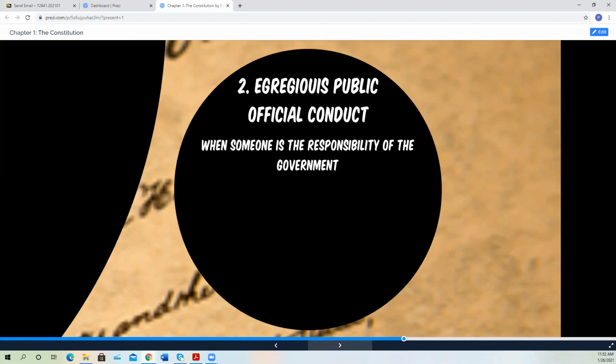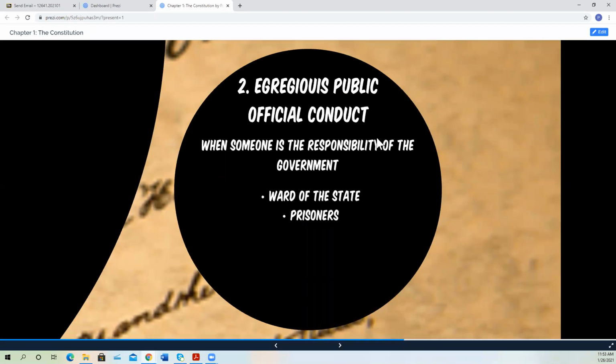So when somebody is the responsibility of the government. If you remember in the DeShaney case, the young boy was not their responsibility. He wasn't in their custody. So in order for egregious public official conduct to qualify as violating substantive due process, the person making that claim must be a ward of the state, like a prisoner, or in DCYF custody.